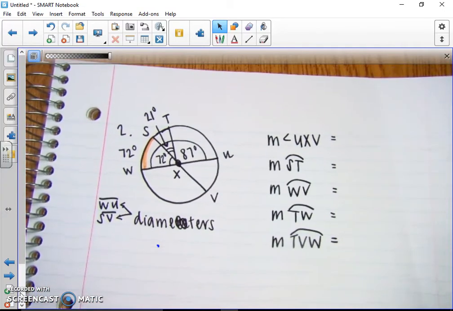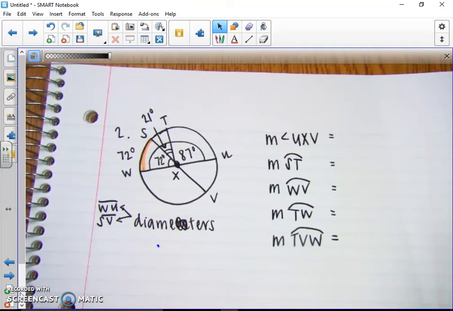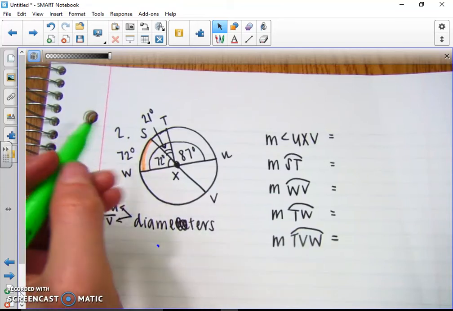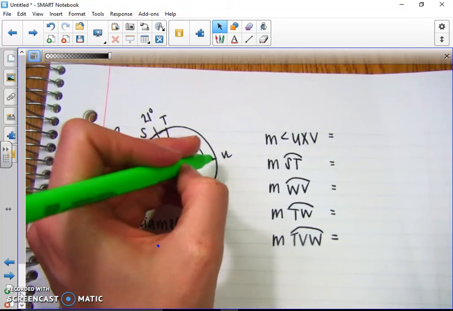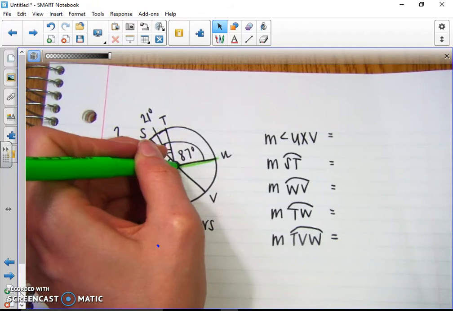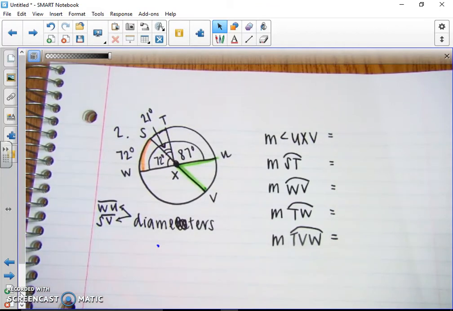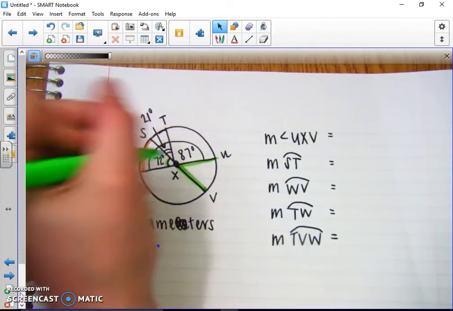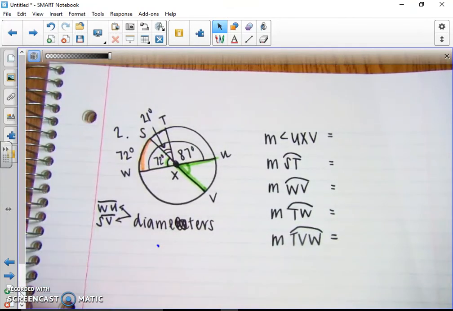All right, so now let's look at what we're trying to find. They want us to find the measure of UXV. So UXV. All right, UXV. So first of all, is UXV a vertical angle with anything? Yeah, UXV is actually a vertical angle with SXW.